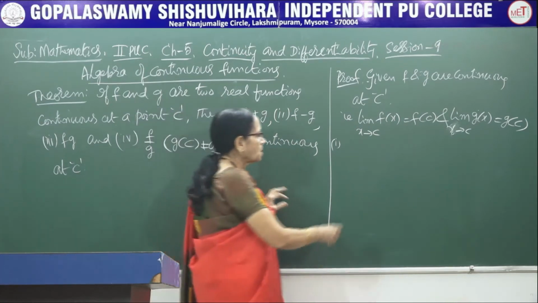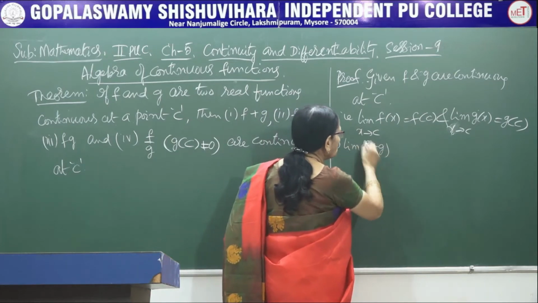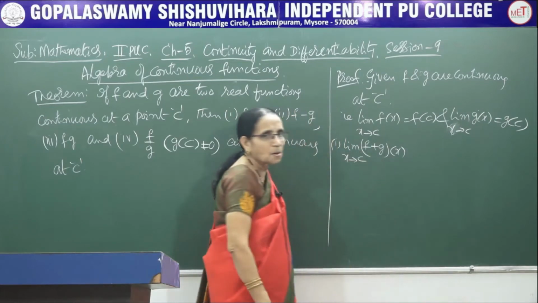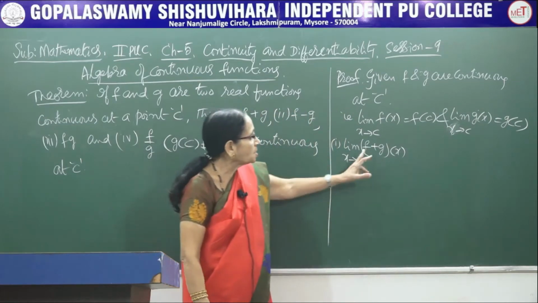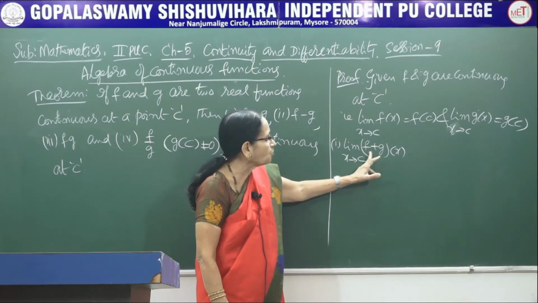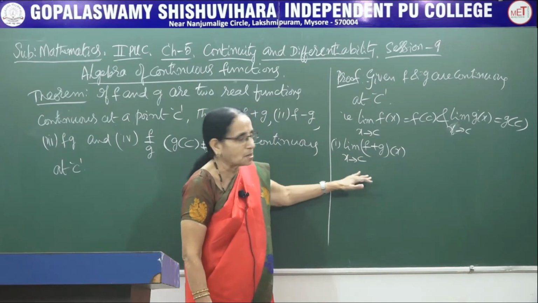So, first what I take is limit of f plus g, of course, of x as x tends to c. What should I show now? It is the value of the function, that is it has to be equal to f plus g of c. I have to show that. That is, this is the limit I am starting with.